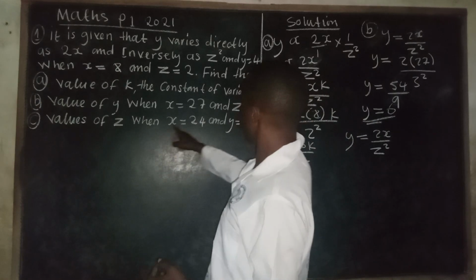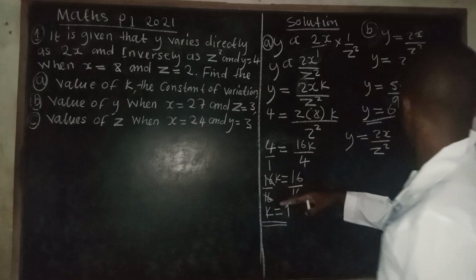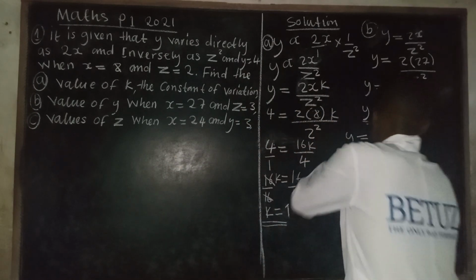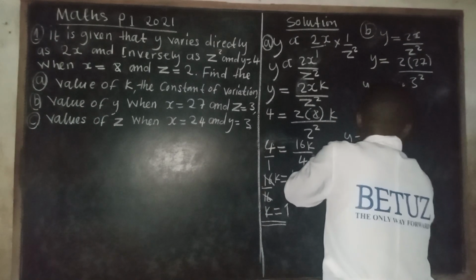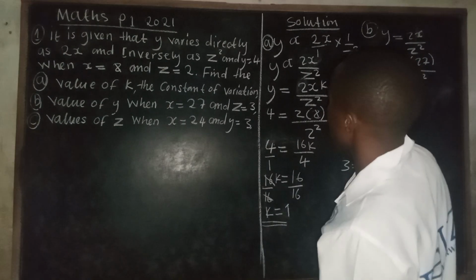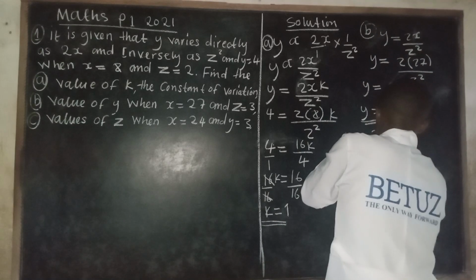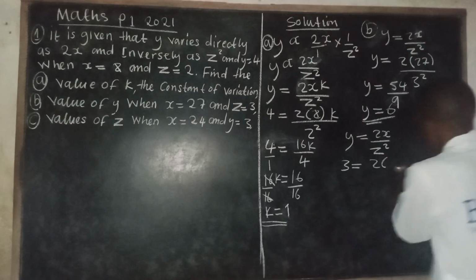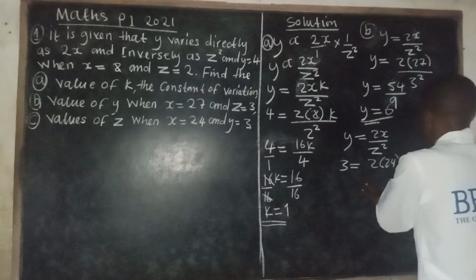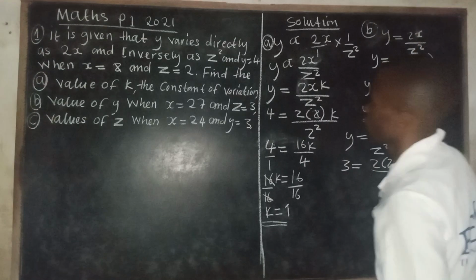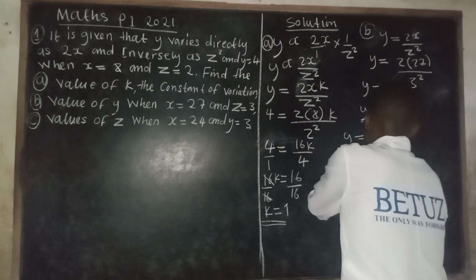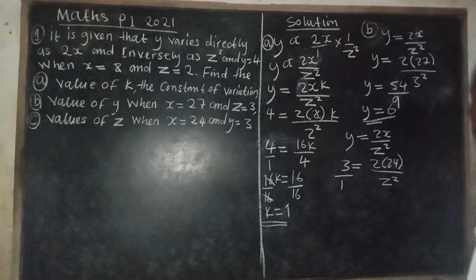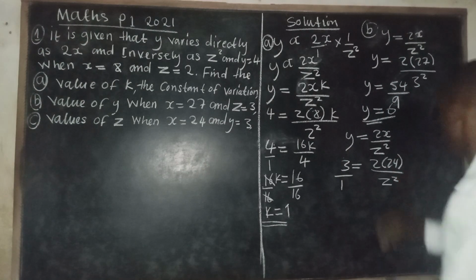We are finding the value of z. X is 24, y is 3, so 3 is equal to 2, where there is x you put 24, over z squared.